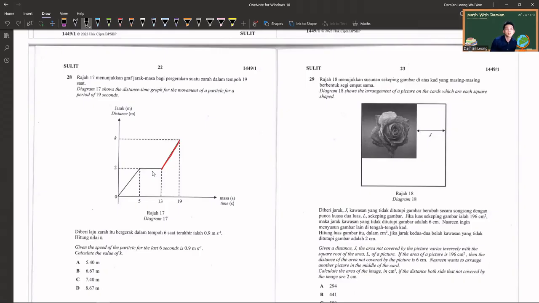So beza jarak dia K tolak 2. Beza masa dia 6 saat. Okay, so dia sama dengan 0.9. So we find K. So get rid of the 6, divide opposite times. 5.4 minus 2 opposite plus 2. K is 7.4. Answer C.